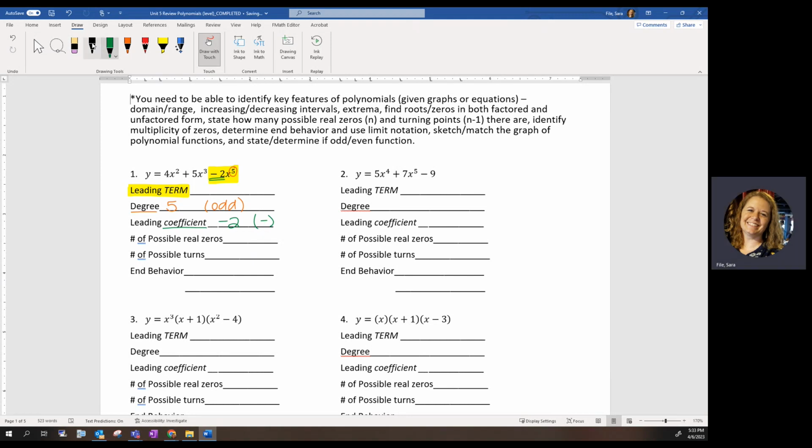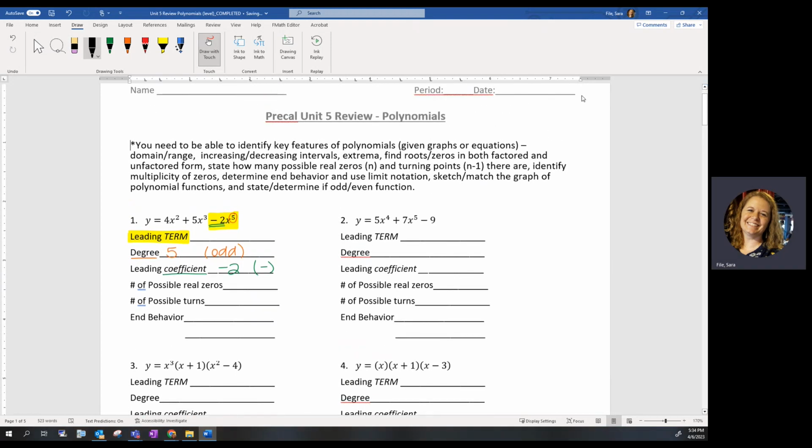So remember, let me sketch this up here. If it is an odd degree, I want you to picture your cubic function, which looks like this. It actually goes through the origin. I kind of missed the origin there.